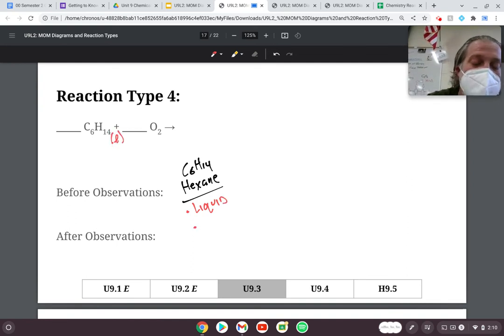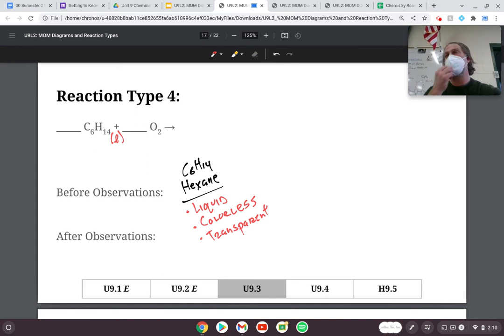I'm going to also agree that it is colorless, that it is transparent, and the question is, does it have an odor? It definitely does have an odor, so I'm going to say that it has a pungent odor.